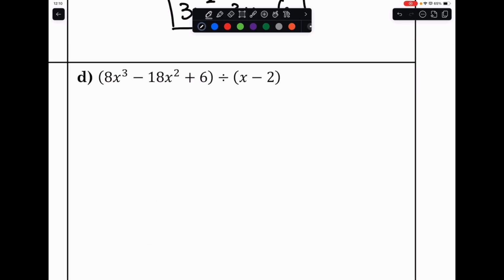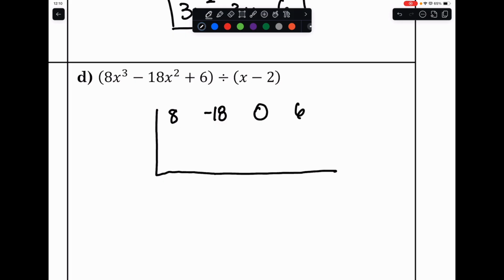So let's set this one up again without the provided template, and let's just write this ourselves. So we have 8x to the third power minus 18x to the second. There is no linear term, so we're going to use the number 0 for that, and 6 as our constant. The opposite of -2 is +2, and we are ready to start.